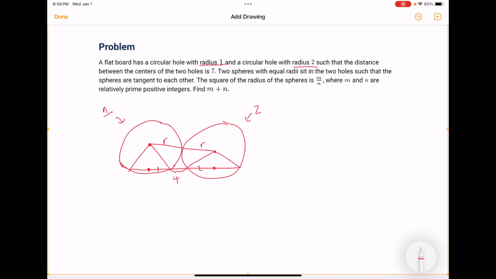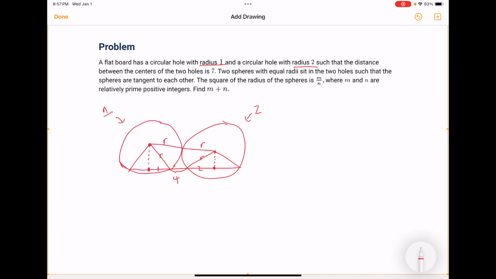What we want to do is set up an equation that has r in it, and solve for r. So we see that we have two triangles here, and I'm going to draw the heights of each. Keep in mind that this is also r and this is also r, because they're all radii.